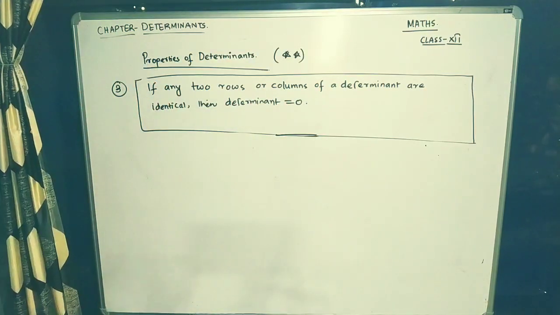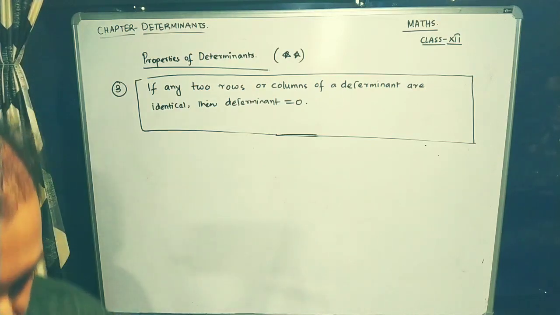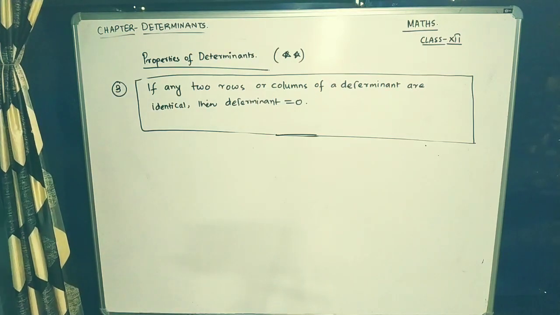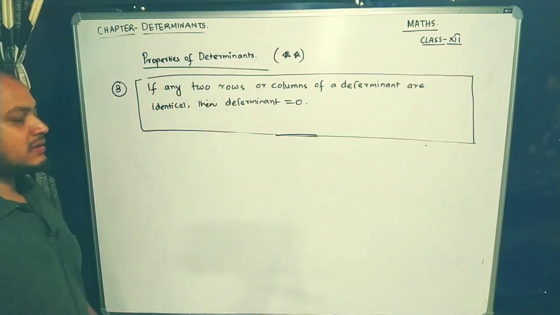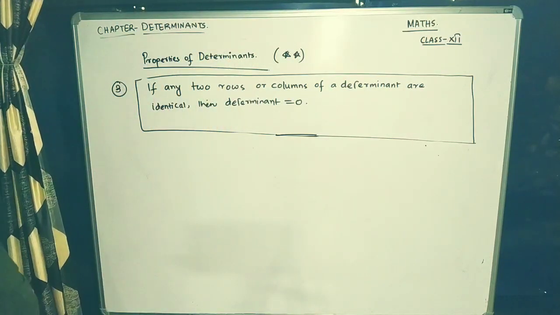What is it telling you? It is telling you that for any matrix which has 2 identical rows or 2 identical columns, the determinant of that matrix will be equal to 0.